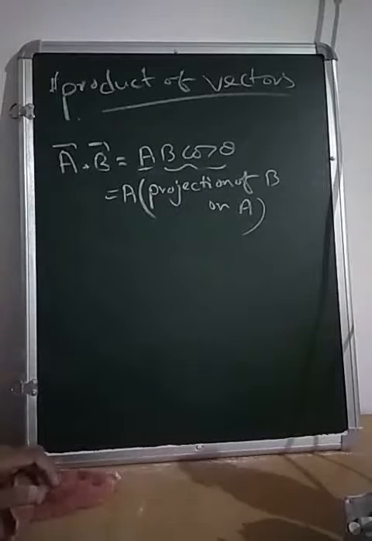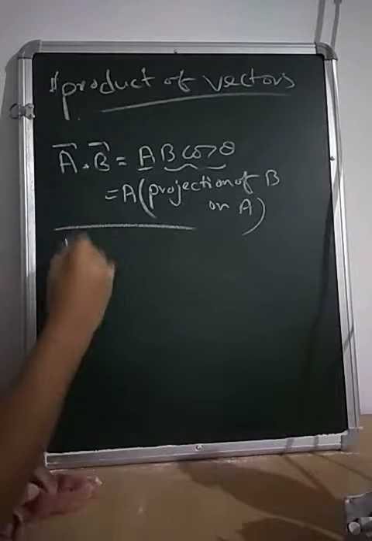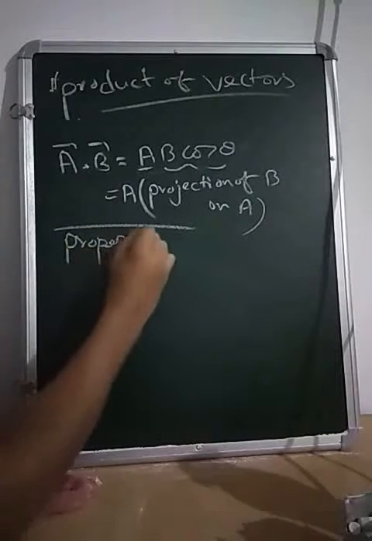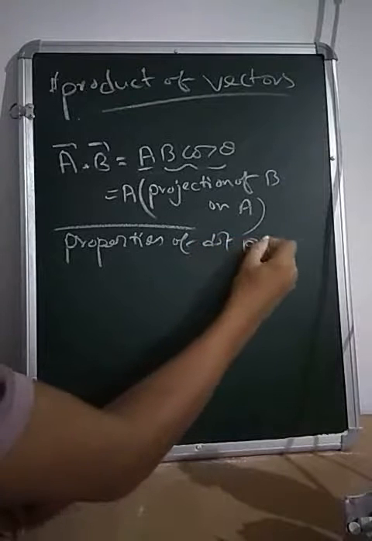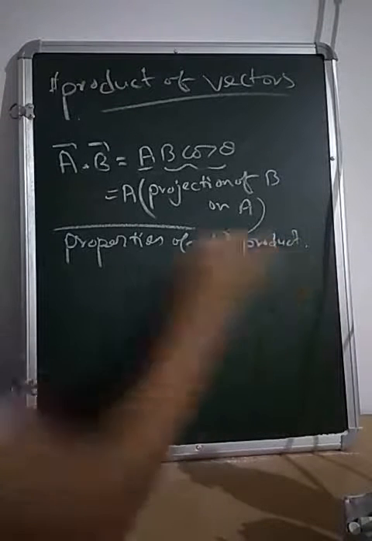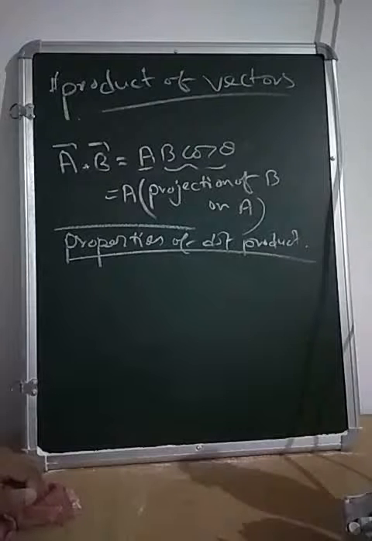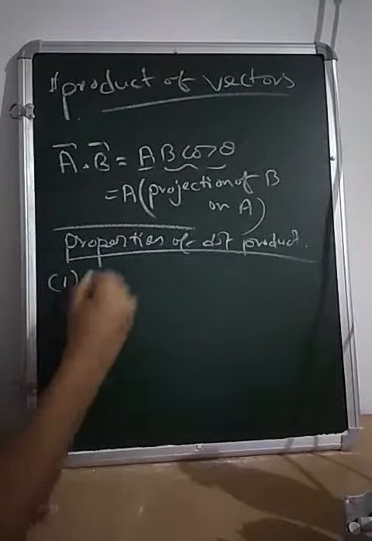There are certain properties of the dot product. They are commutative.